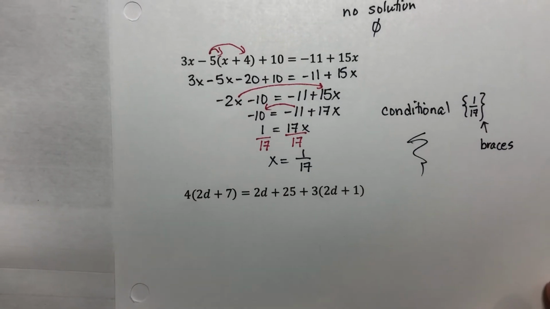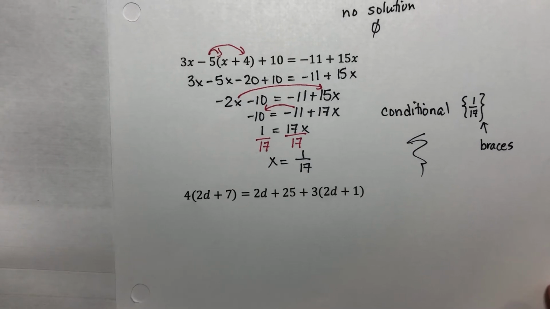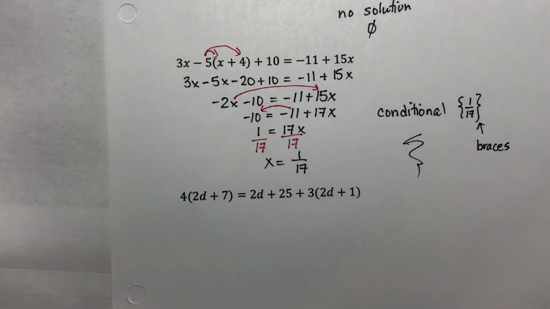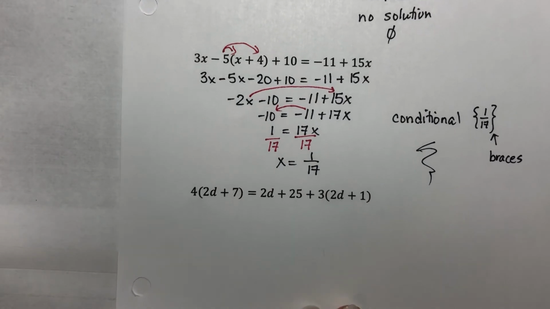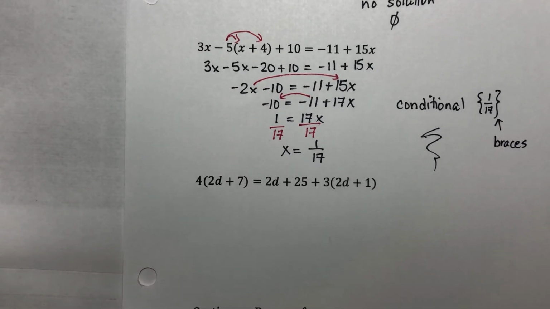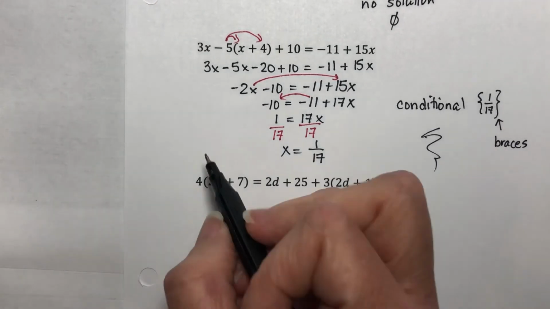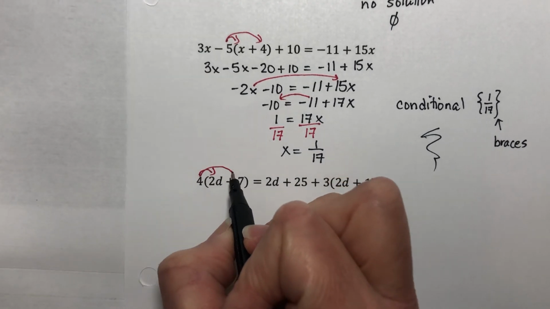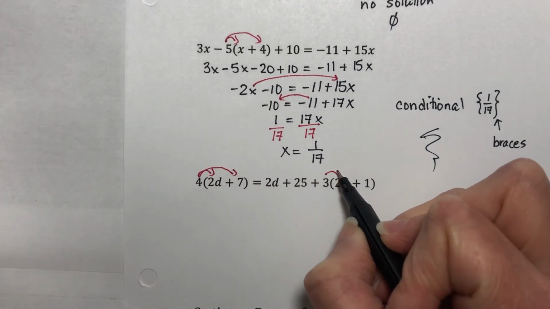Okay, so this last one. Now, I told you I was going to work a contradiction, a conditional, and an identity, and so by process of elimination, this has to be an identity, right? But it looks like a regular problem. Let's just distribute here and then right here.